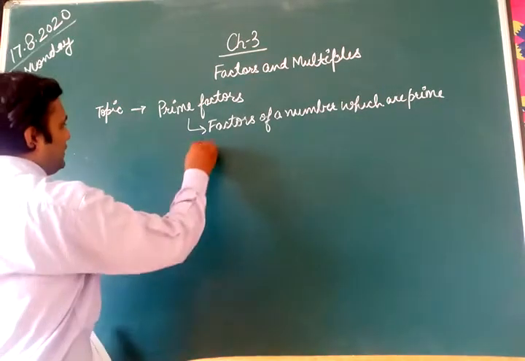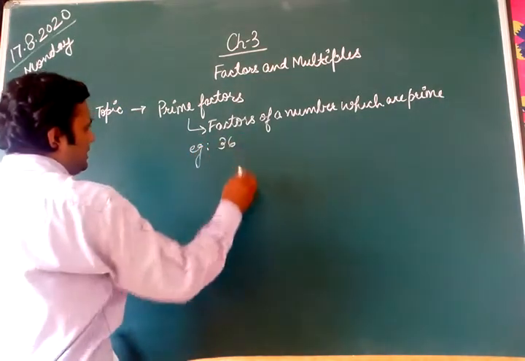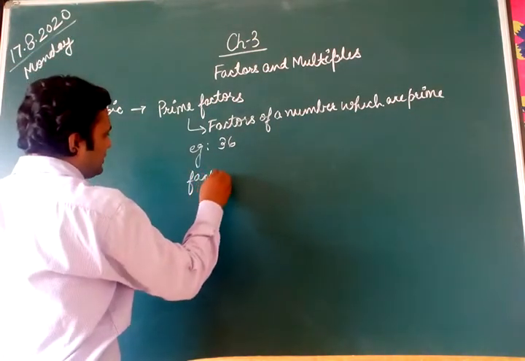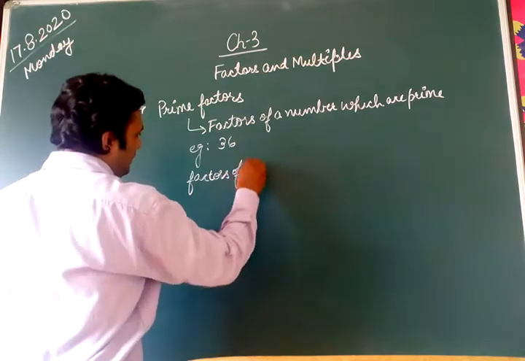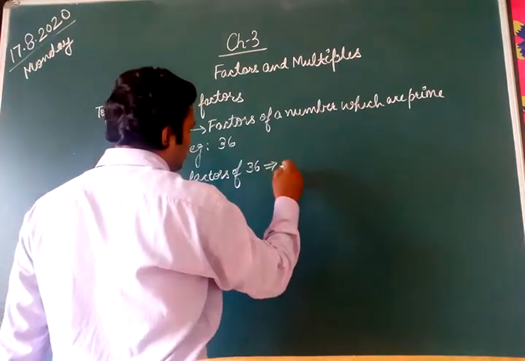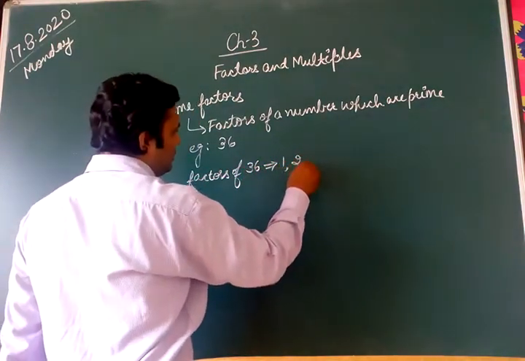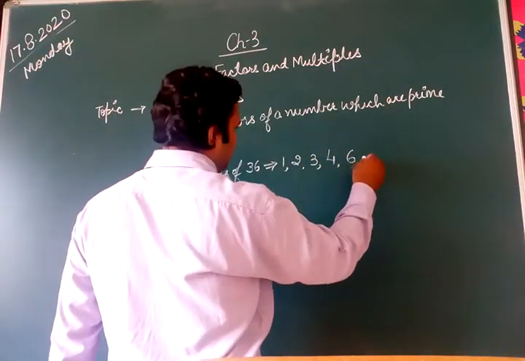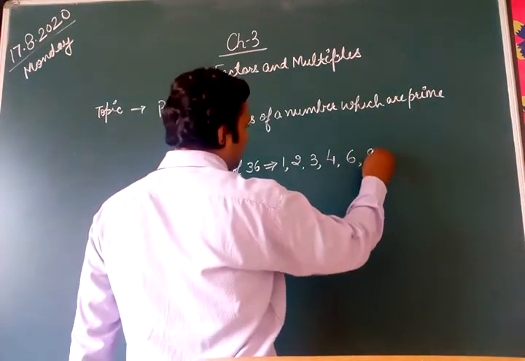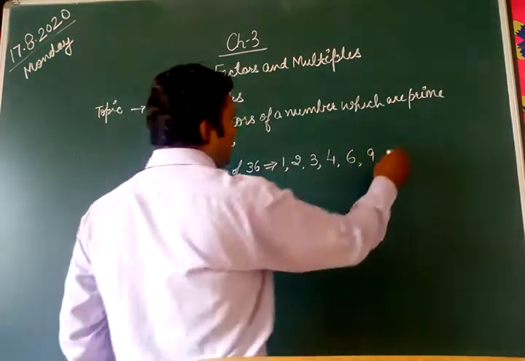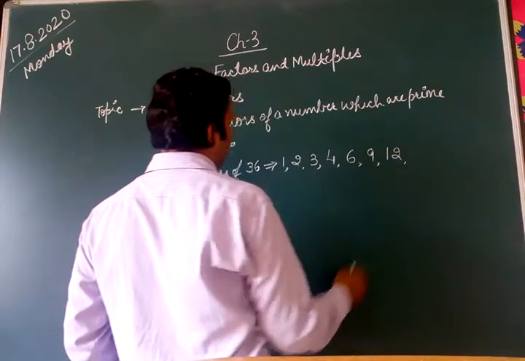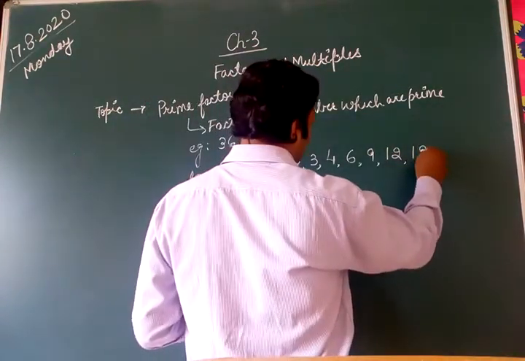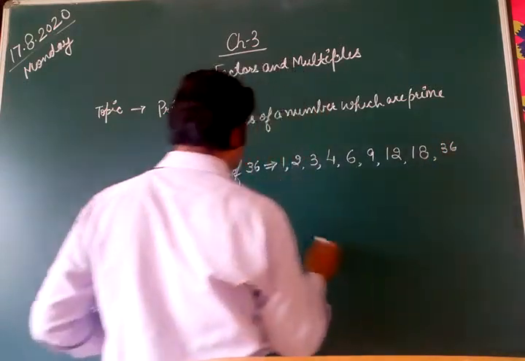For example, if we take a number 36, we have to find out the factors. Factors of 36 are 1, 2, 3, 4, 6, 9, 12, 18 and 36.